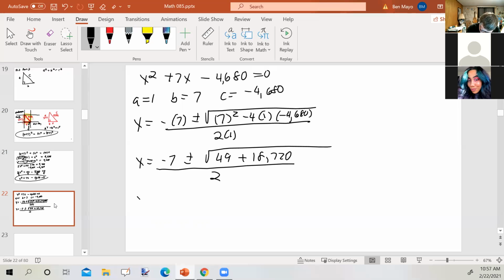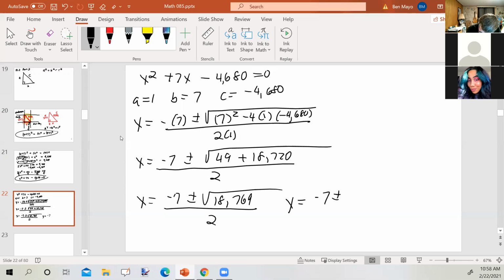All of that over 2. x equals negative 7 plus or minus the square root of 18,720 plus 49, which is 18,769, all over 2. The directions didn't say anything about decimal approximations, so I'm hoping the square root of 18,769 comes out nicely. Let's see if it does. It does. It comes out to 137. So x equals negative 7 plus or minus 137 over 2.